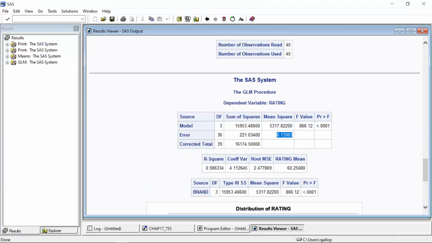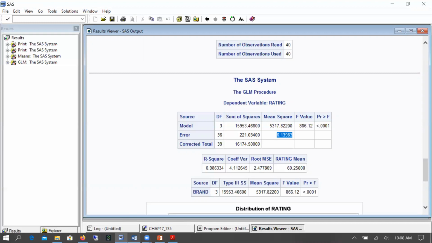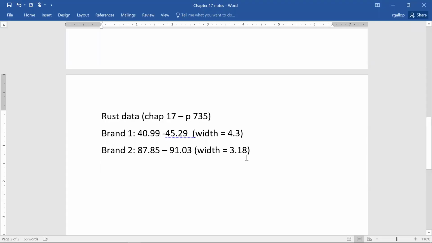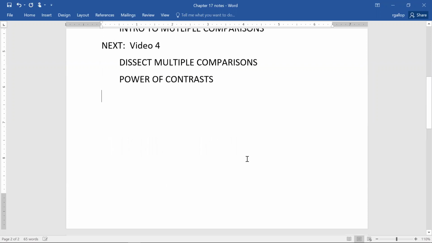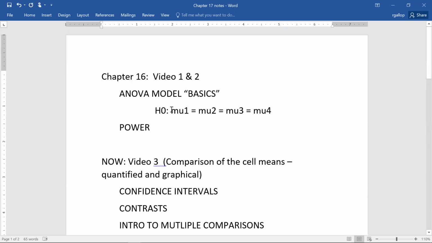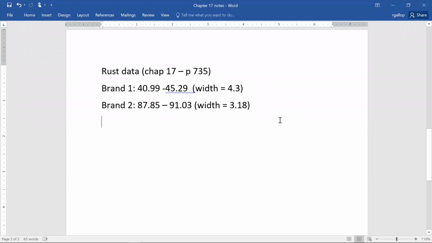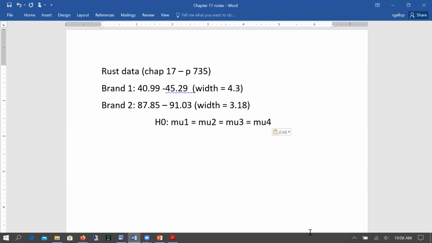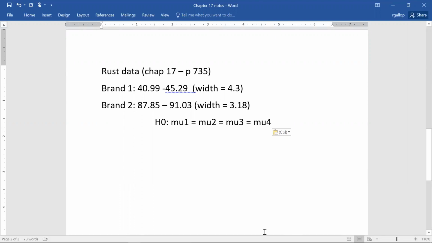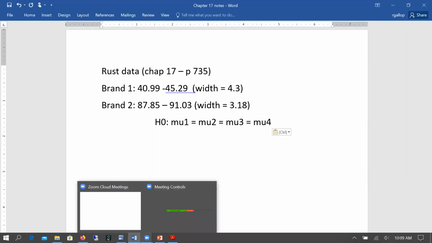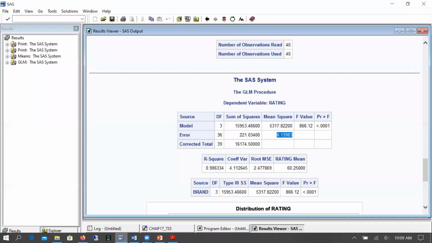So just like in chapter 16 with the Kenton data, for the Rust data, we have the same exact null assumptions, right? So in this case here, we have the same exact null. So based on that F, we have sufficient evidence in our data to reject the null in favor of the alternative.